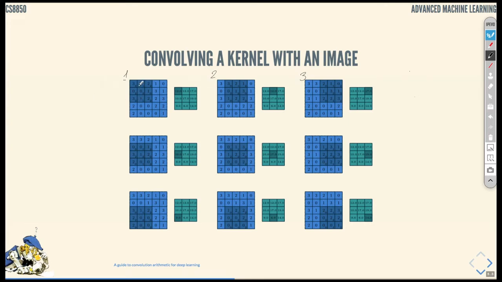So our kernel, you can see it here, 0, 1, 2, 2, 2, 0, 0, 1, 2, is multiplied by whatever it's overlaid on. What is actually happening, and I want to stress that now.